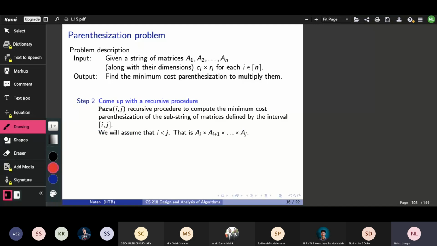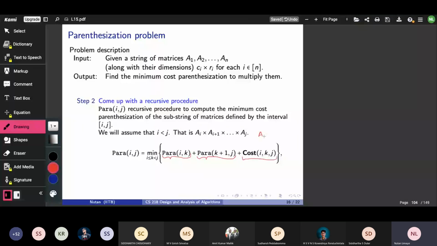That is, we have a_i, a_{i+1}, etc., up to a_j. Then here is one recursive call I could make. Recursively compute para of i, k, recursively compute para of k plus 1 to j, and add to it the cost of computing the final top multiplication.